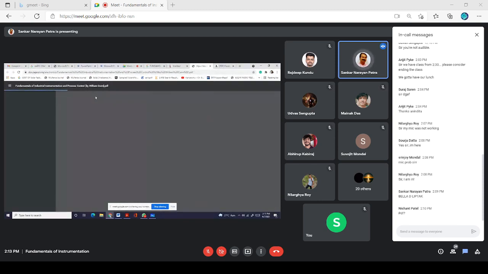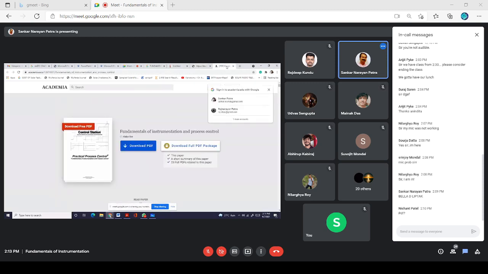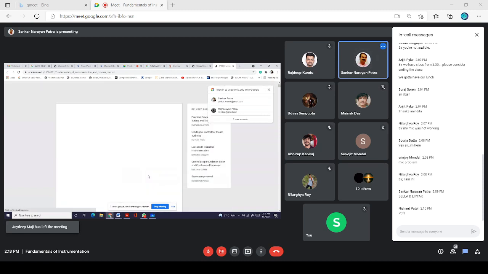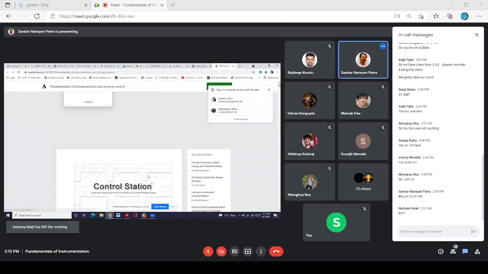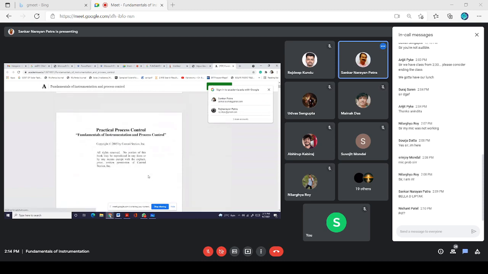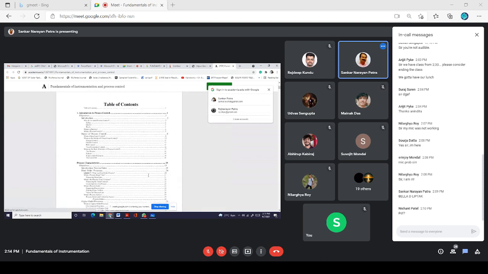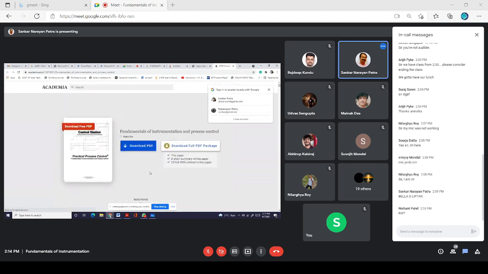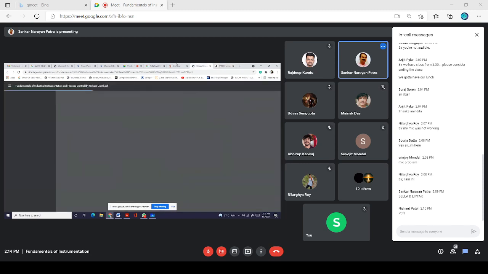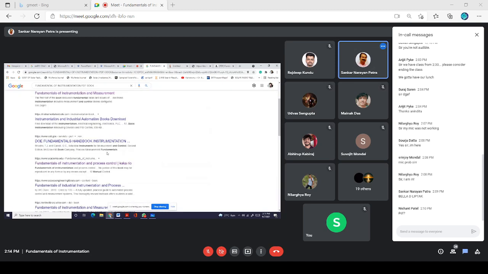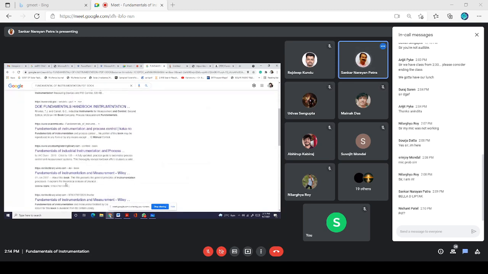Also, William Dooney, that is also a good book. There are several books like this available on the website, so take one of them and start reading.